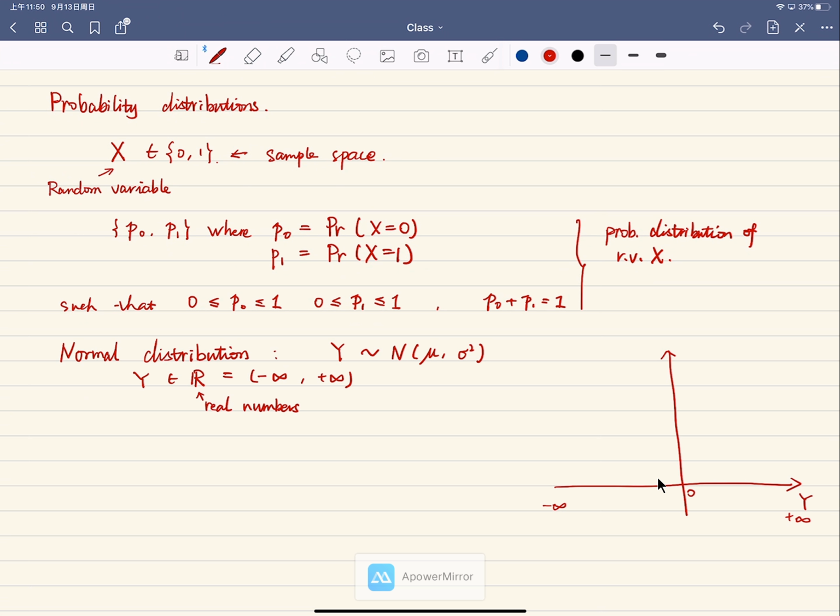And for a continuous random variable, we use the PDF or probability density function and the cumulative probability function to represent its probability distribution.